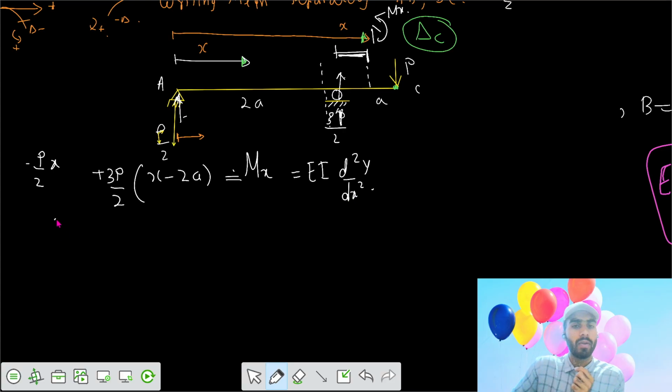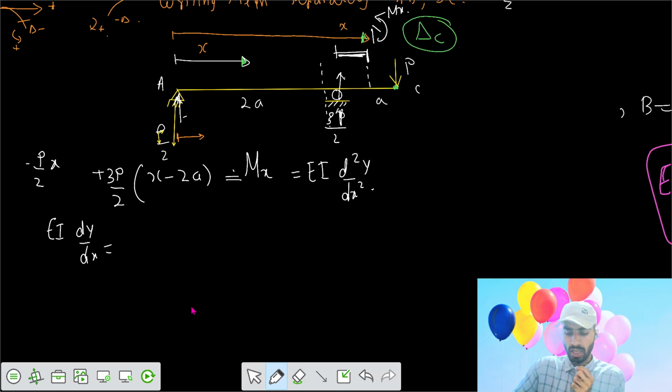Similarly, EI dy by dx, after integrating it, we get minus P x squared by 4, then 3Px. We can simplify the equation.